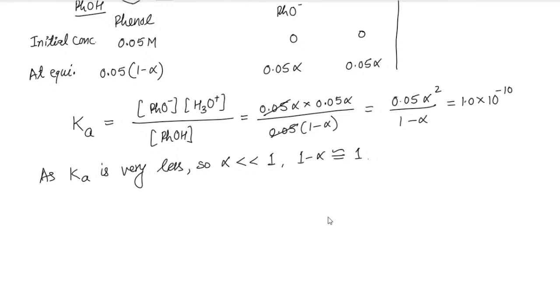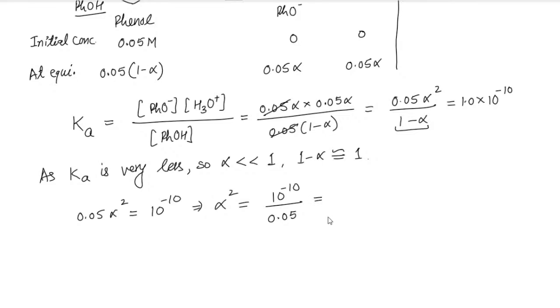So that means it becomes 0.05 alpha square equal to 10 raised to power minus 10, taking 1 minus alpha as 1. So alpha square is equal to 10 raised to power minus 10 over 0.05.